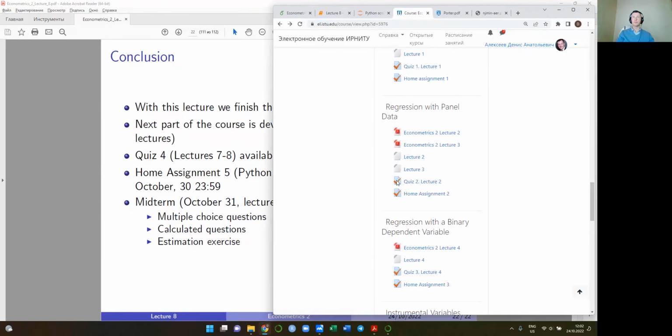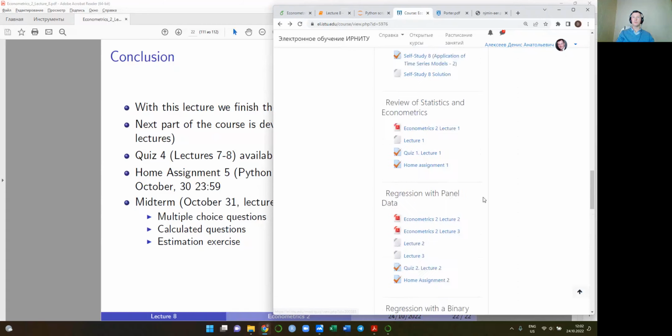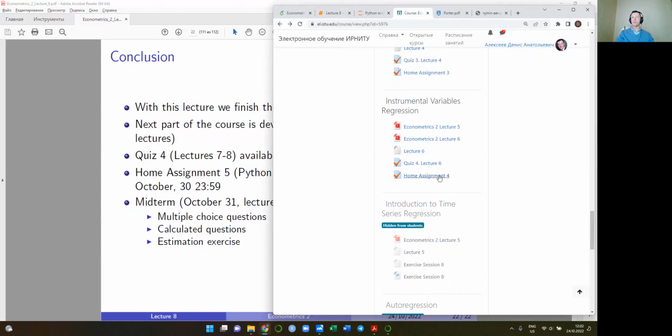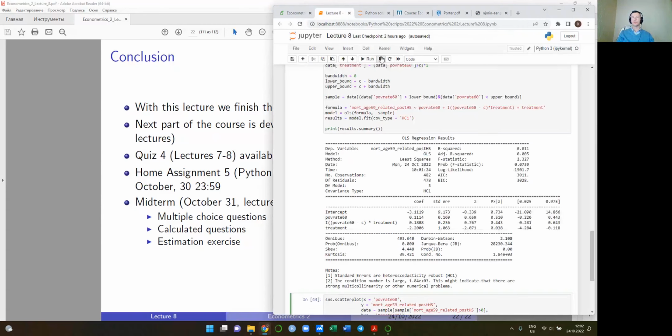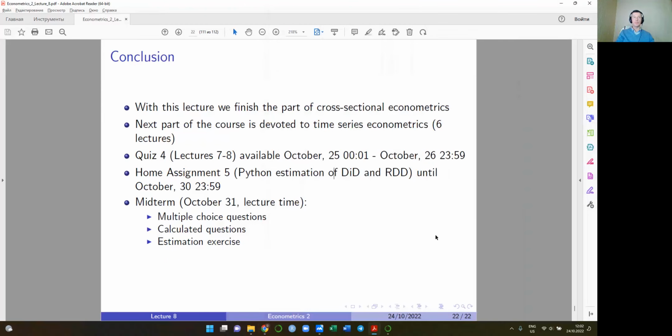Panel data. Yeah, the first one is about the review. Okay, so then panel data, binary dependent variable, instrumental variables. So 3 possible topics that can appear in the estimation exercise.